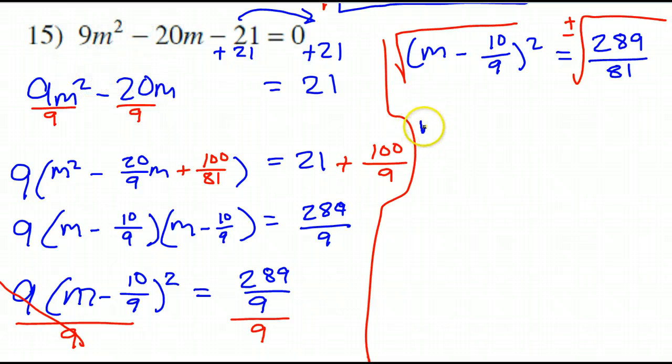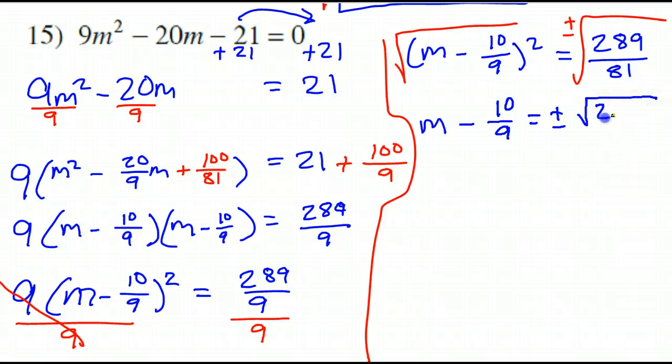So this is going to give me m minus 10 over 9 is equal to, and remember, we could take these square roots separately. So square root of 289 and square root of 81.